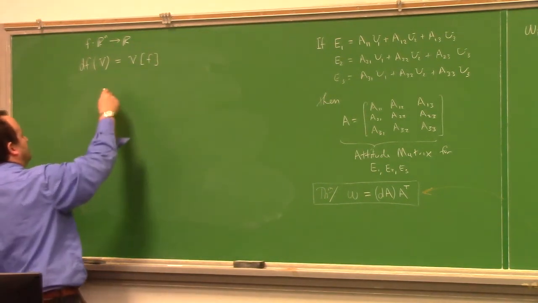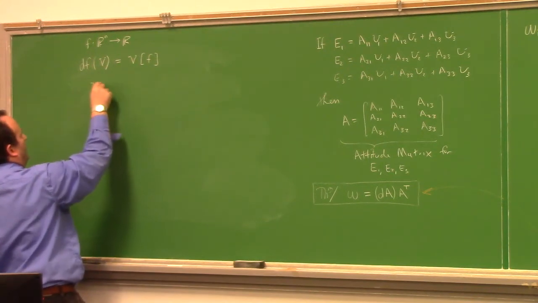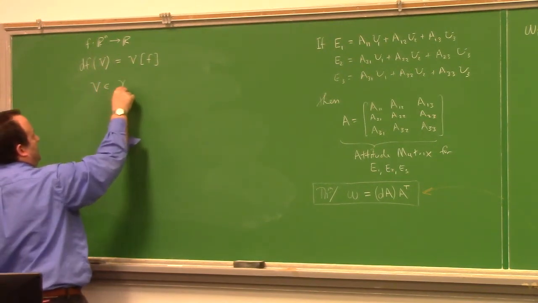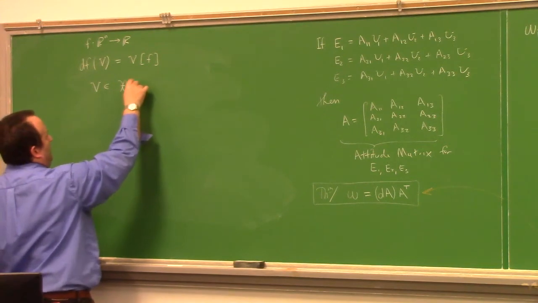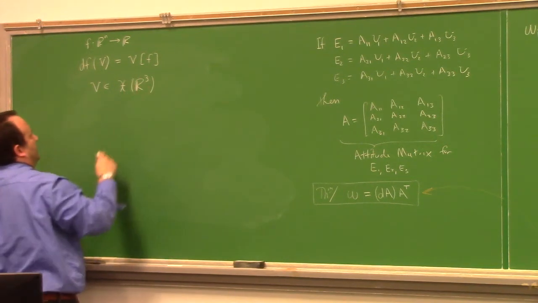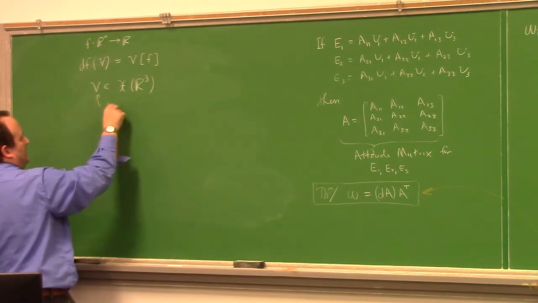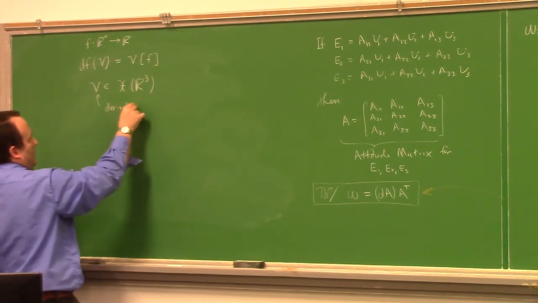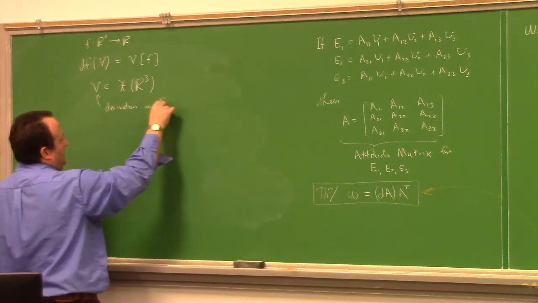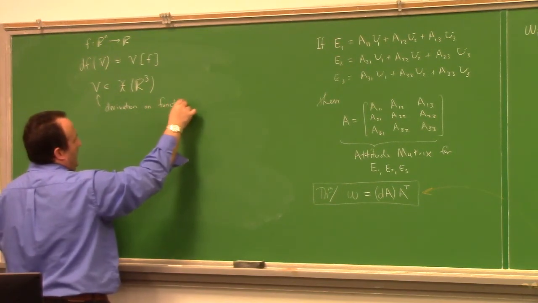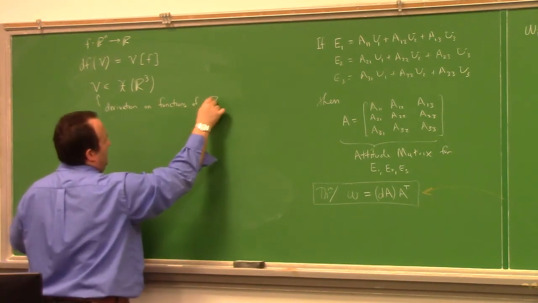Another thing, let's say v is a vector field. That means that this is a derivation on functions of R3. We can look at it that way.